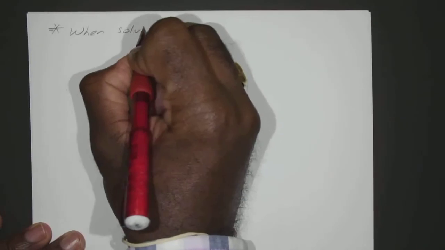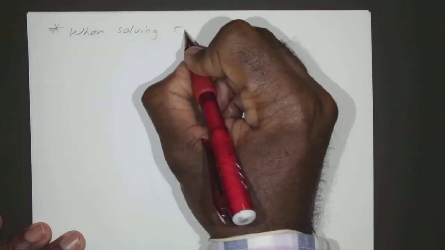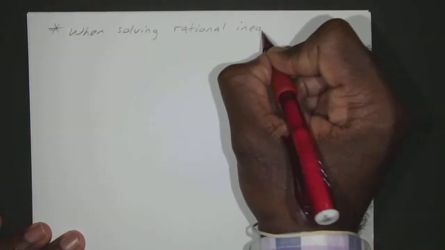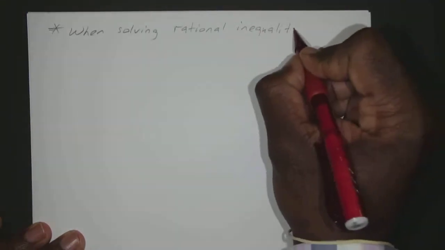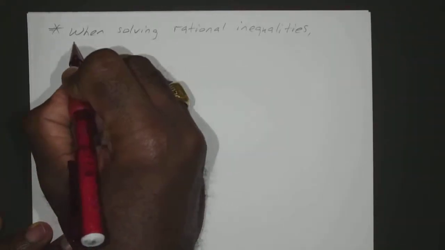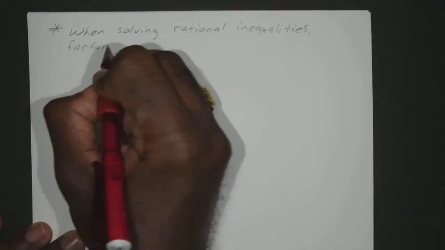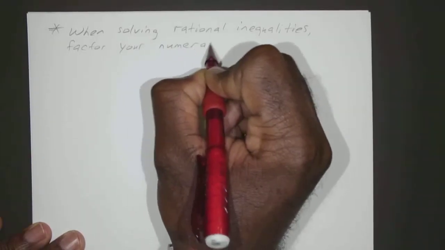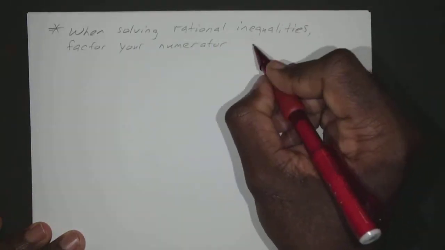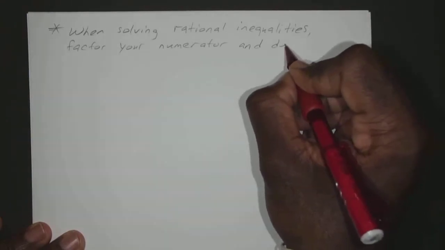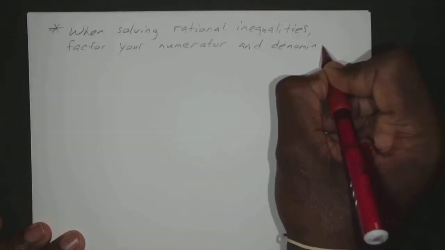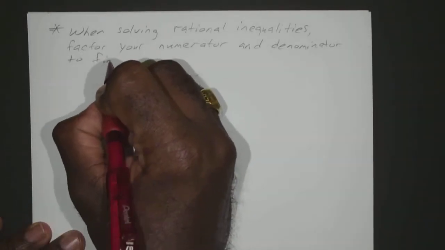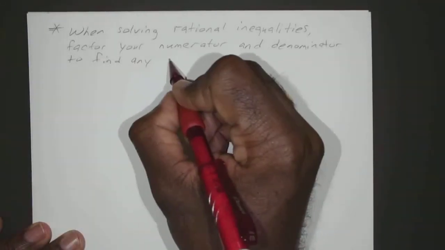Okay, so when solving rational inequalities, you want to factor your numerator and denominator to find any critical points.